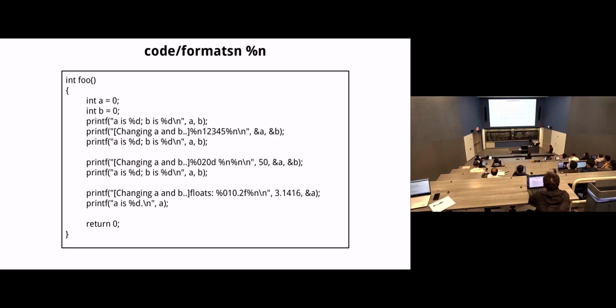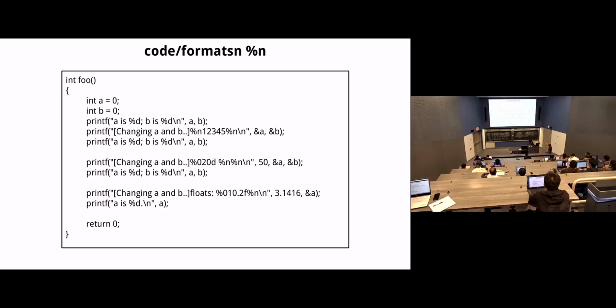So here we're using %n. Like I said, this specifier tells printf, you're not going to output anything. Instead, you will put how many characters you have output so far. So before the %n, how many characters did we print out so far? We print out this bracket, 1, 2, 3, 4, 5, 6, 7, 8, 9, 10, 11, maybe 15 or something, right?